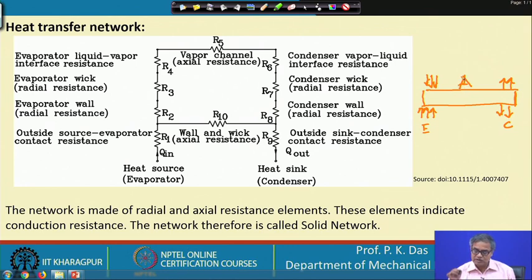So, these three sections are there, and obviously, there is liquid flow and vapor flow. In between, this is your solid wall and this is your porous wick structure.